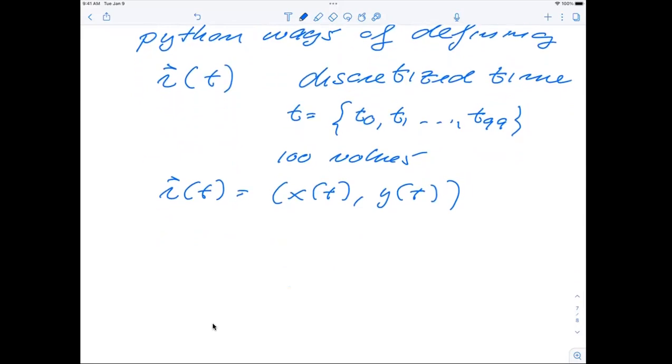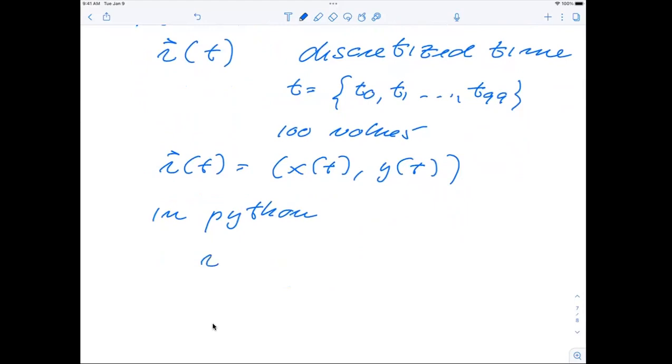So we could now define in Python a matrix. In Python, we will then define R as an array with numpy. And if we want to initialize everything to zeros, we would then define this as something which now contains these 100 elements here.